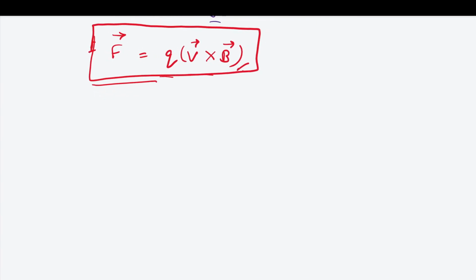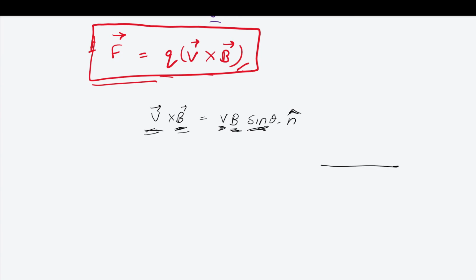So V cross B can be written as V B sin theta n cap, where n cap is the unit normal vector to the plane containing V and B, and V and B are the magnitudes of the vector V and the vector B. And theta is the angle between vector V and vector B.